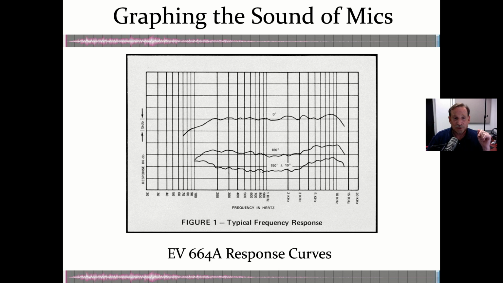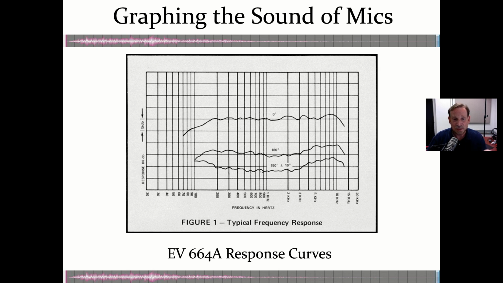So we can see here that our highest level is going to be directly in front. Then directly behind, it's at another level. And then off an angle behind, it's a little bit lower.